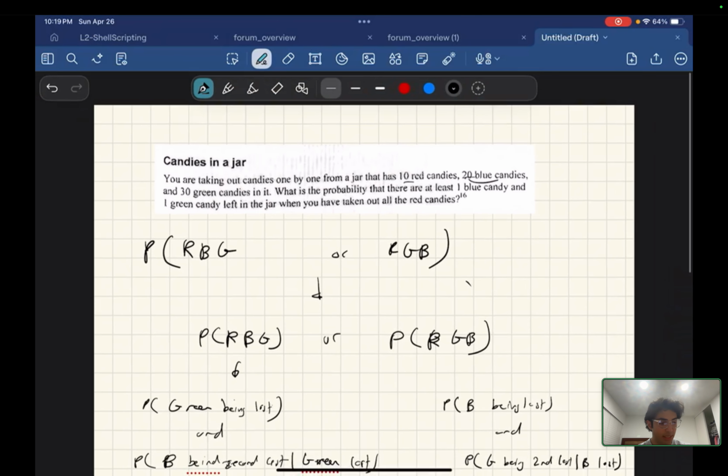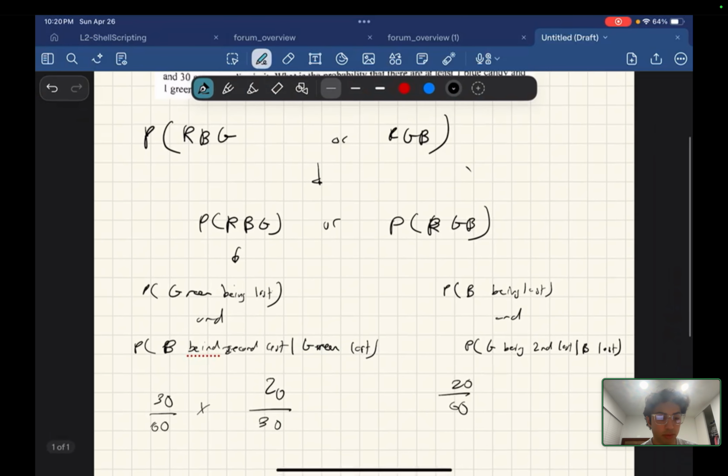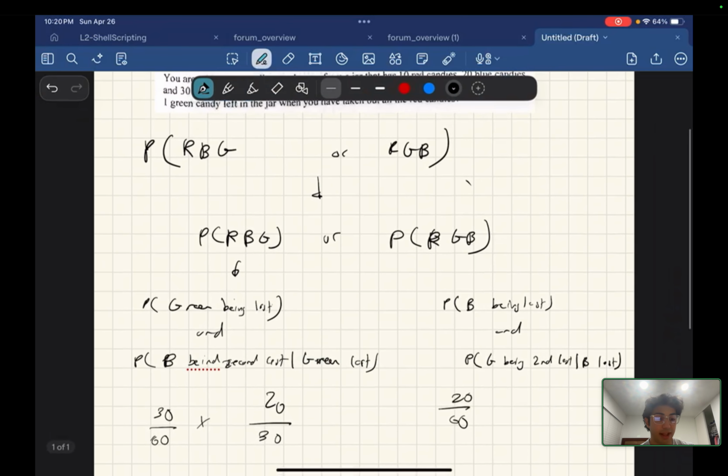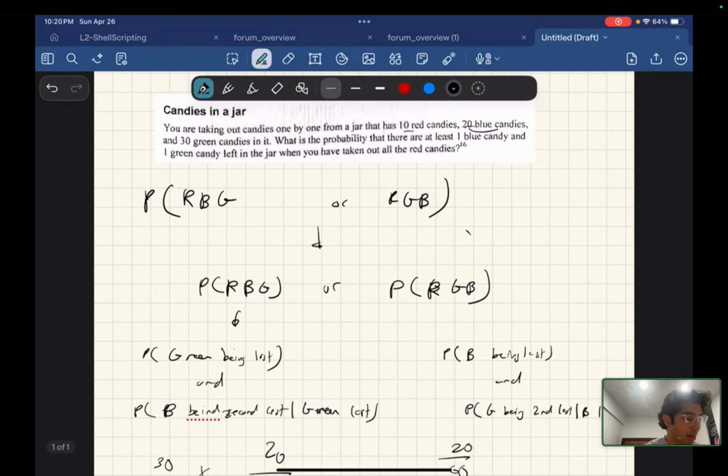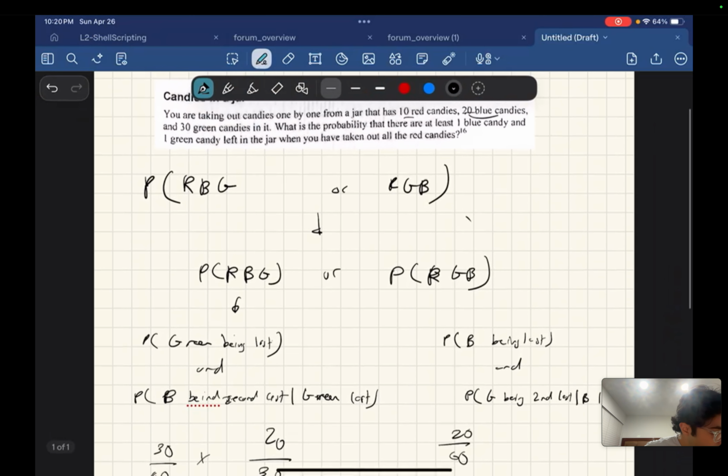Out of the 60 candies, the chance that blue is last is 20 out of 60. Now, given blue is last, that means we're dealing with green and red. What's the chance that among the green and red candies, green will be the last one pulled in that population set? Any candy has equal probability of being pulled last in a particular population set.